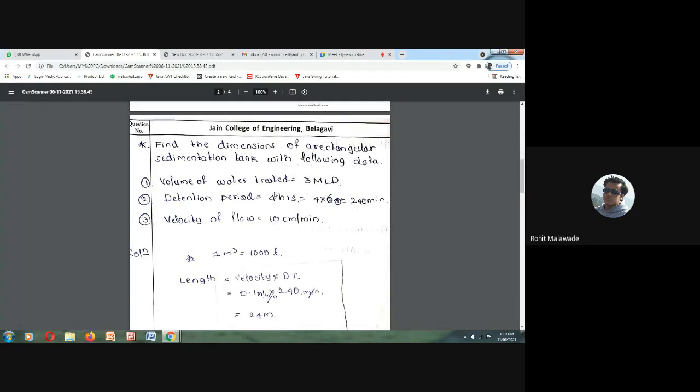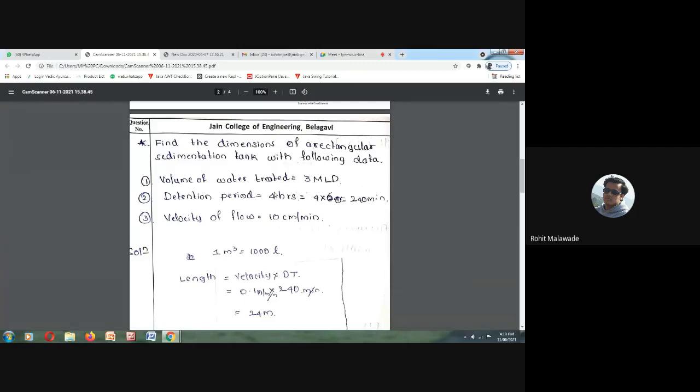Now we will solve two very simple problems on the sedimentation tank. If we complete these two problems, all parts of our normal sedimentation tank will be finished.